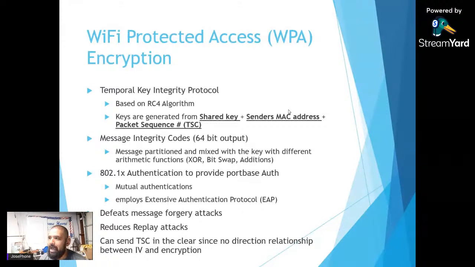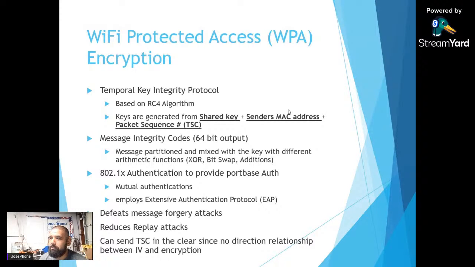The TKIP protocol is also based on the RC4 algorithm, and it's a combination of a shared key, the MAC address, and the TSC, which is the packet sequence number. Excuse me. The message integrity codes are actually a whole bunch of partition messages that produce a 64-bit output.